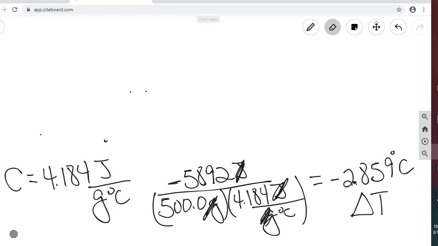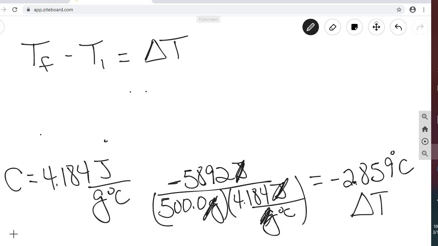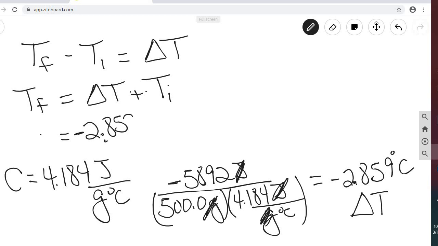So TF minus TI is equal to delta T. So we want to know TF, so we just add TI to both sides to get rid of it on one side. So TF equals delta T plus TI. So delta T we calculated as negative 2.859 degrees C, and we were given TI as 25.0 degrees C.